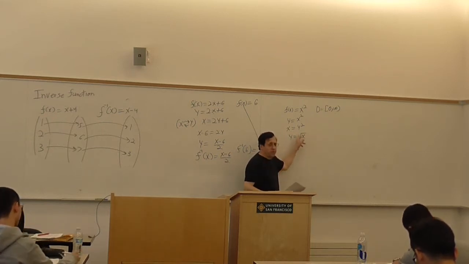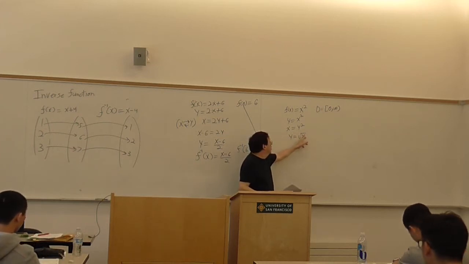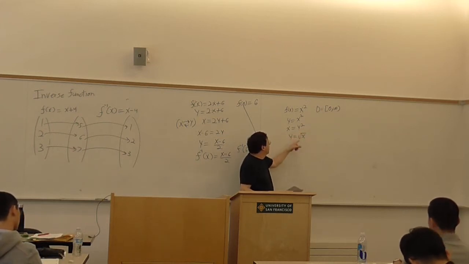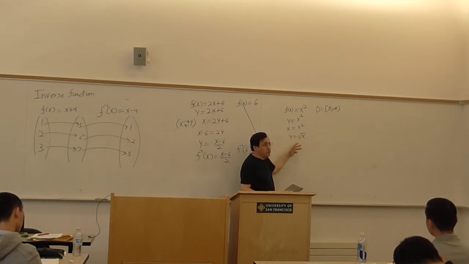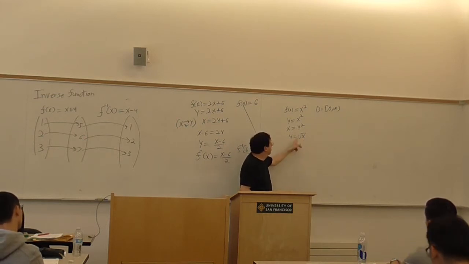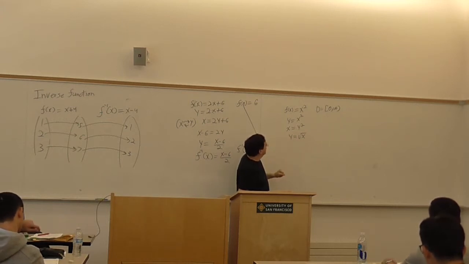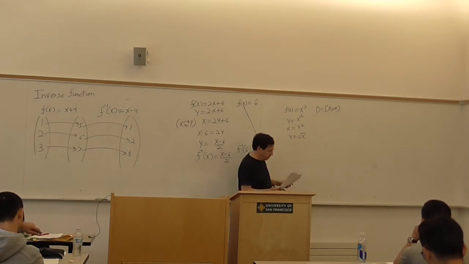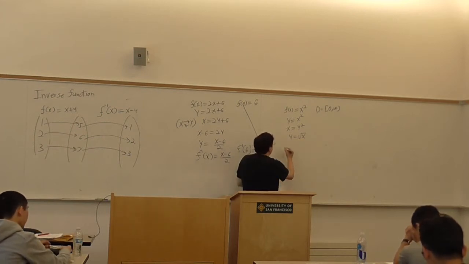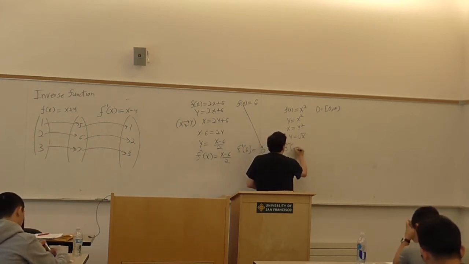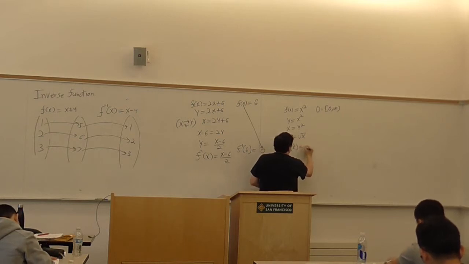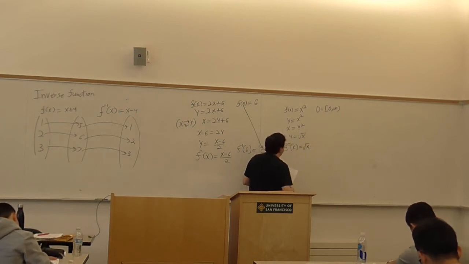I don't have to worry about plus or minus because I know all my x's have to be greater than 0. I don't have to worry about my domain here. Okay, so my inverse function is the square root of x.